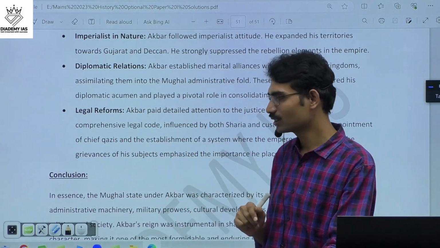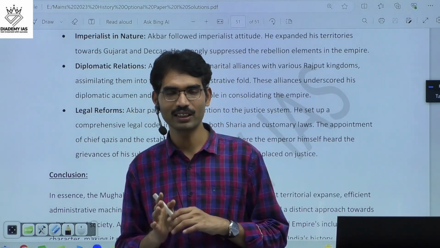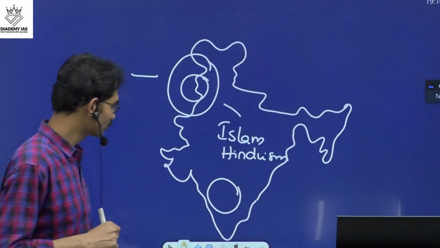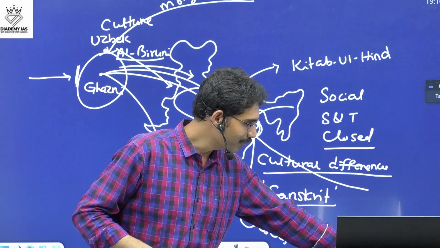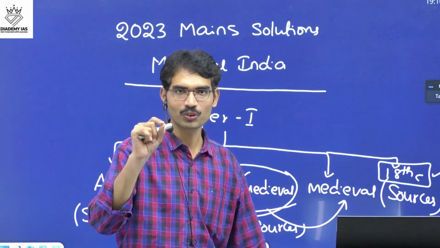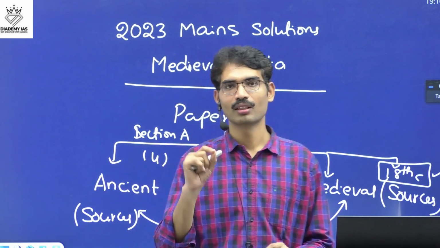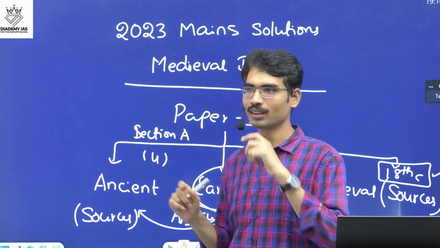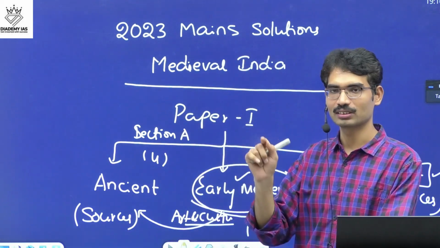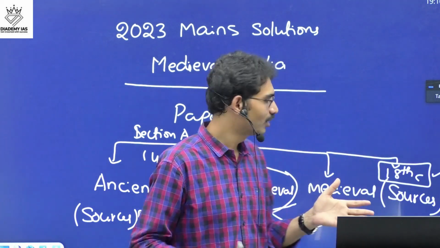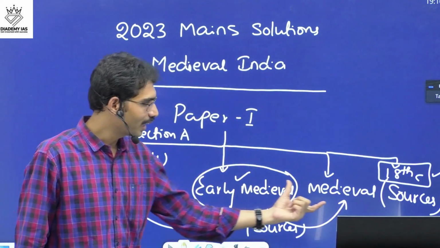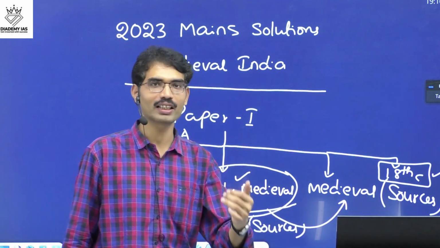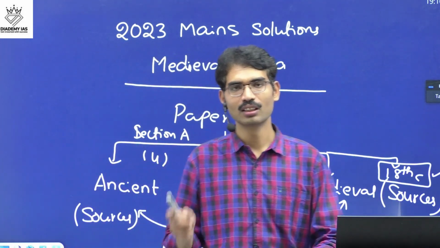Now you observe this, some are very easy in medieval India. Whenever the early medieval part comes, questions related to feudalism, one difficult area. Sufi literature, sources, one difficult question. Al-Biruni limitations. So simply if you observe, the early medieval part and the medieval sources part, these two are difficult areas for most of the students.